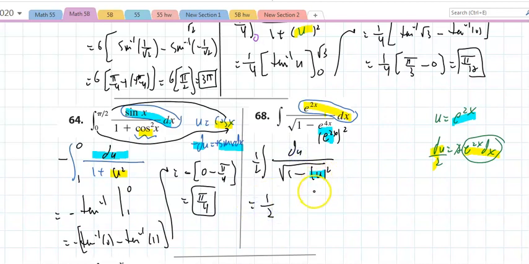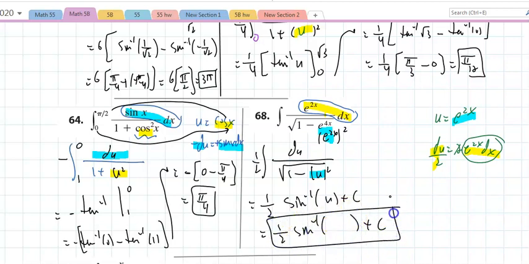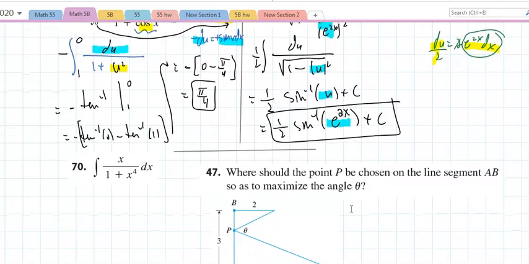And isn't that right there inverse sine of u plus c? And what would that be? If I go to my u, that is e to the 2x. There it is. And one more to go.